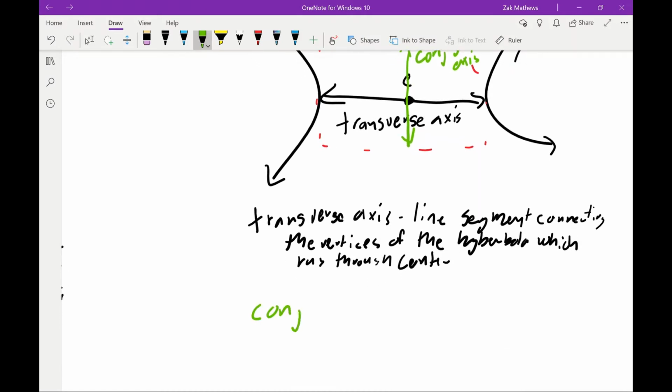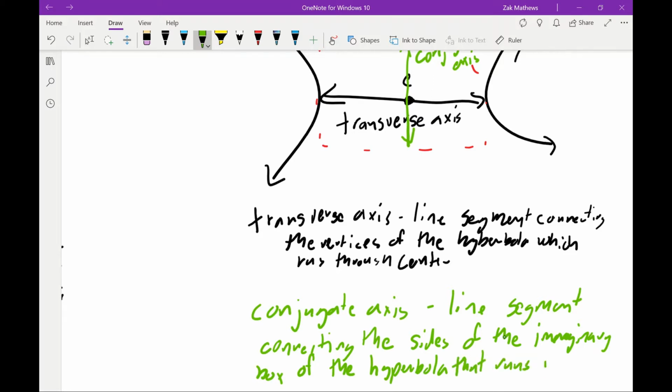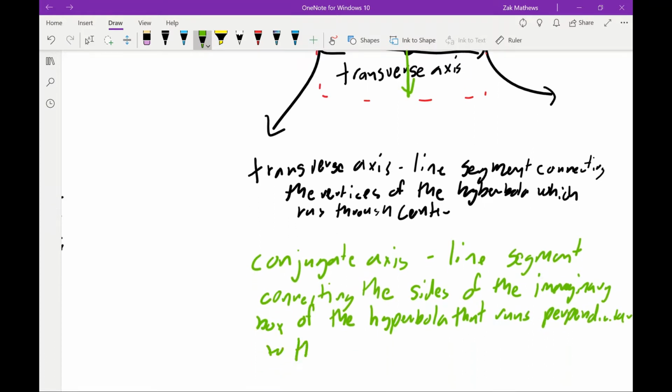The conjugate axis is a line segment connecting the sides of the imaginary box of the hyperbola that runs perpendicular to the transverse axis, and passes through center. Everything passes through center.